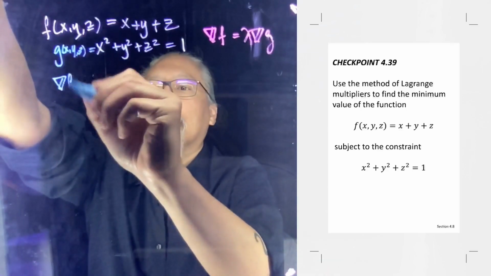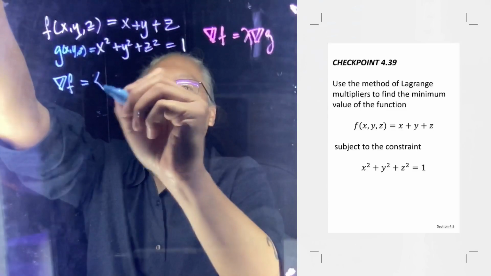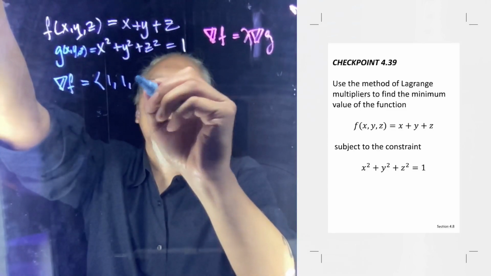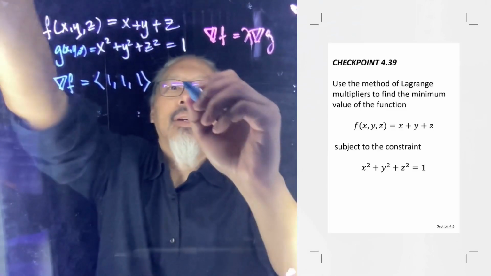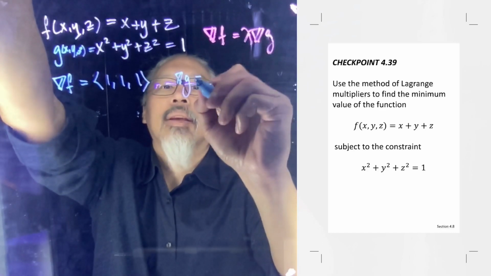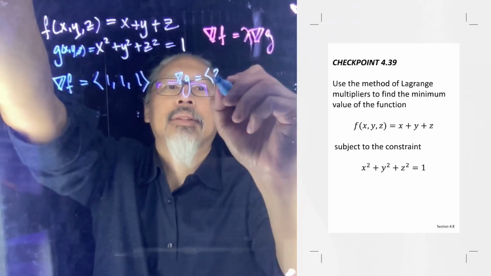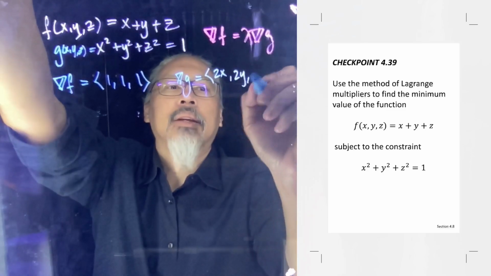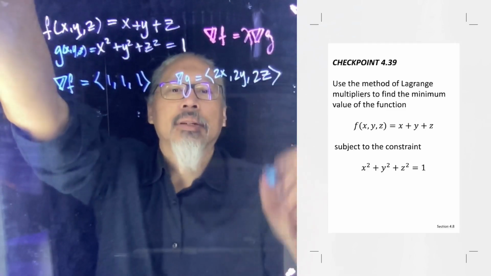First, let's figure out the gradient of f, and that's just going to be 1, 1, 1. And the gradient of g is equal to 2x, 2y, 2z.